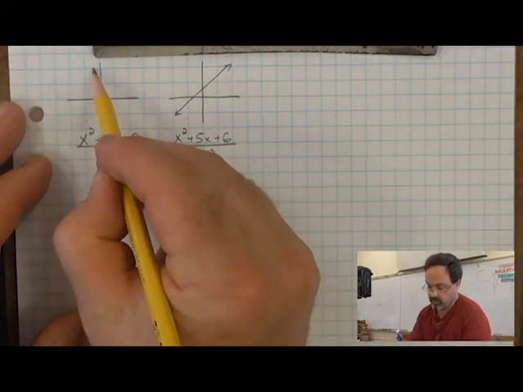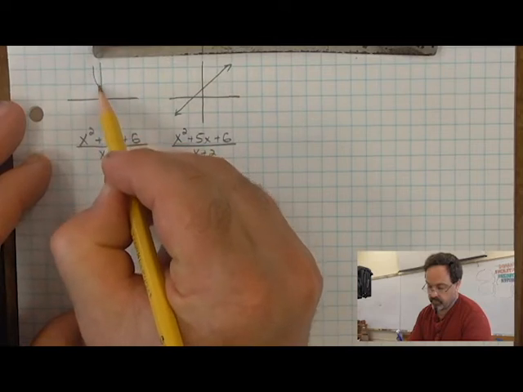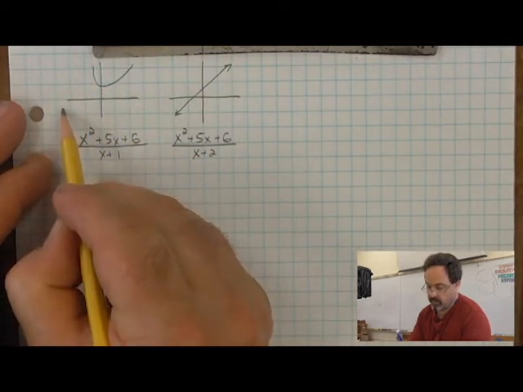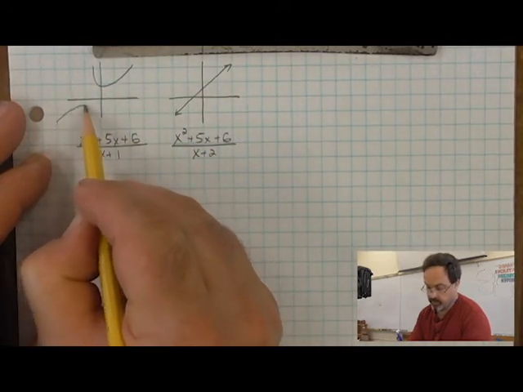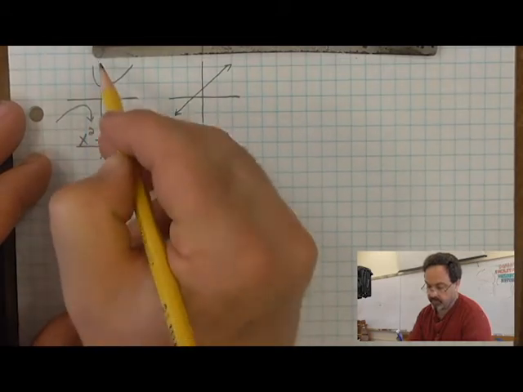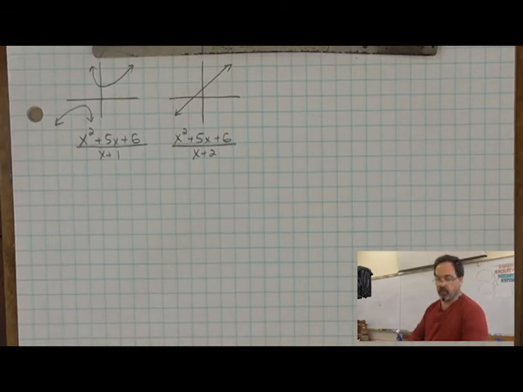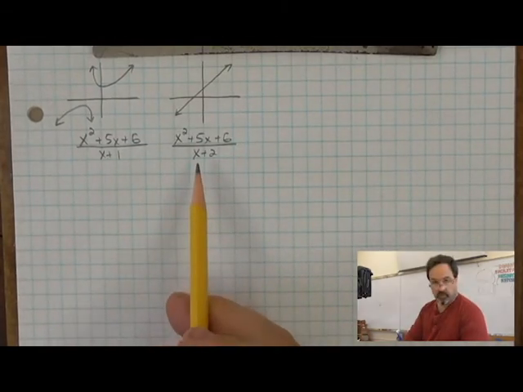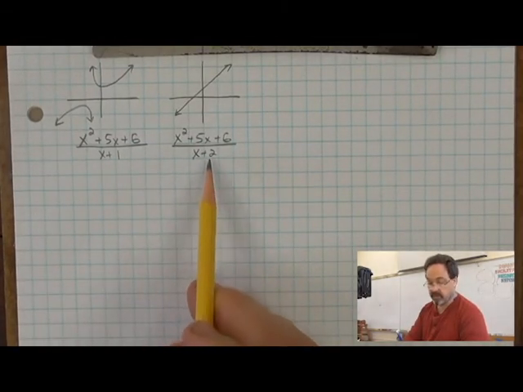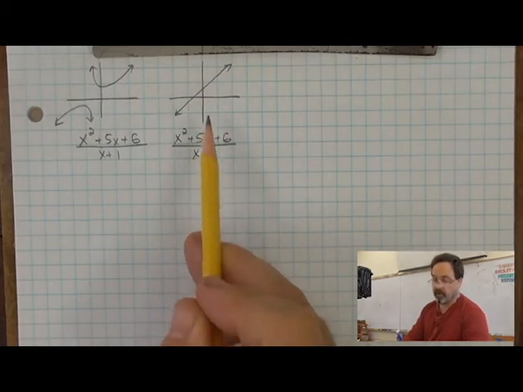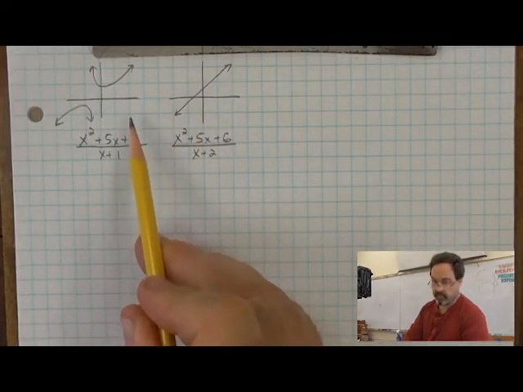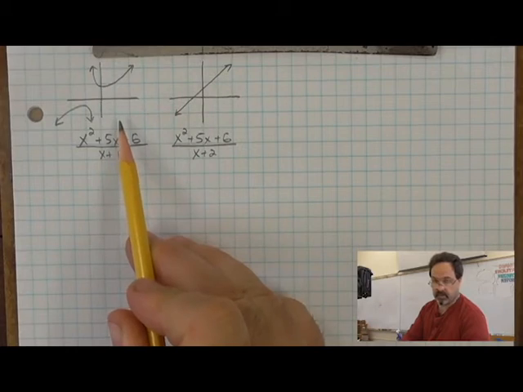And it has a curve like this, and another one, let's get it approximately like so. So these functions are very similar, slight difference in the denominator, very significant difference in their graphs.